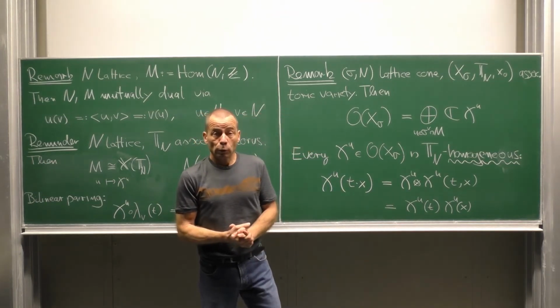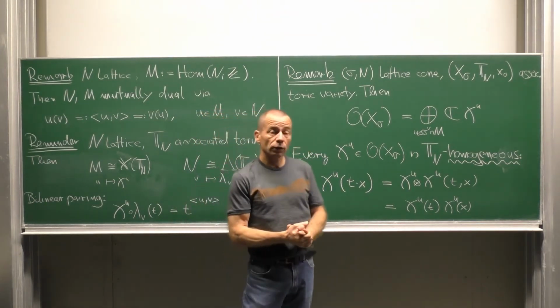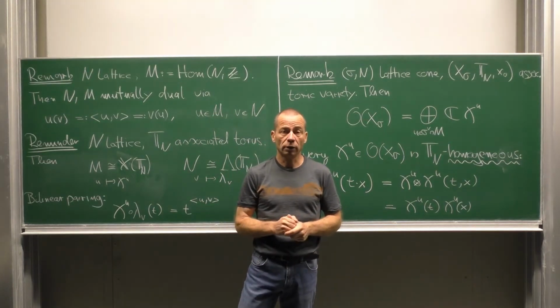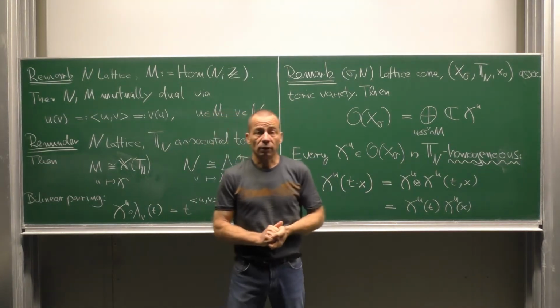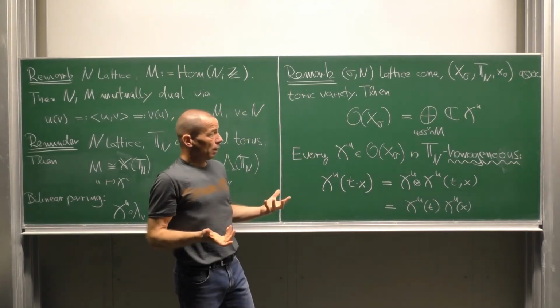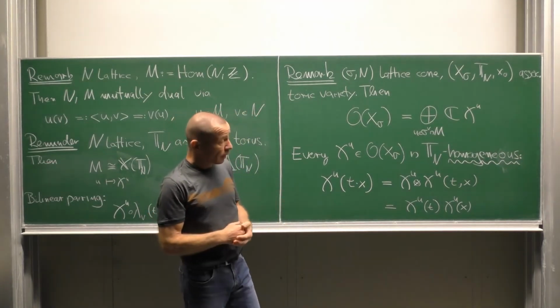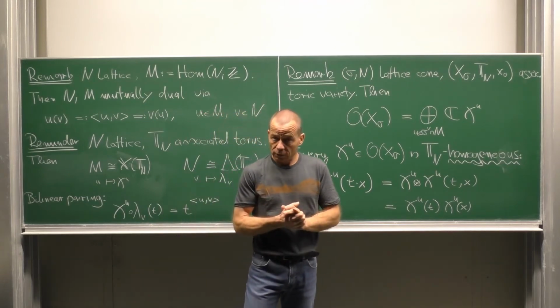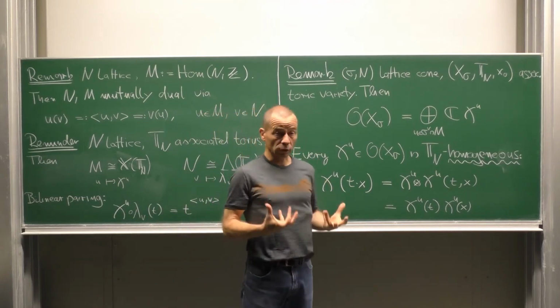Next, we have to take a look at the functions of the affine toric variety X sigma arising from a lattice cone sigma. X sigma was defined to be the spectrum of the monoid algebra.